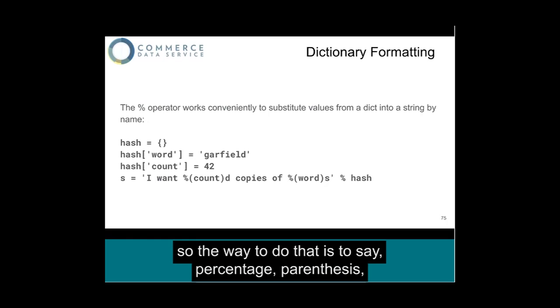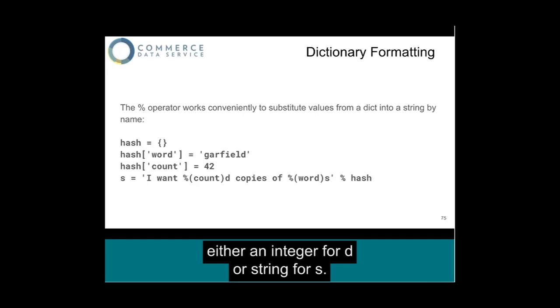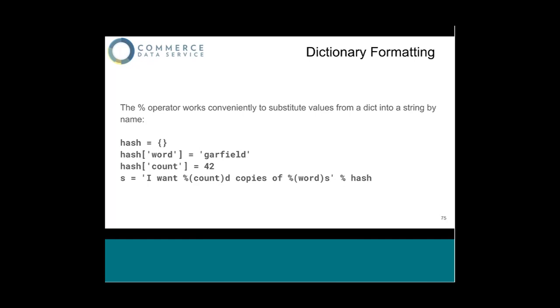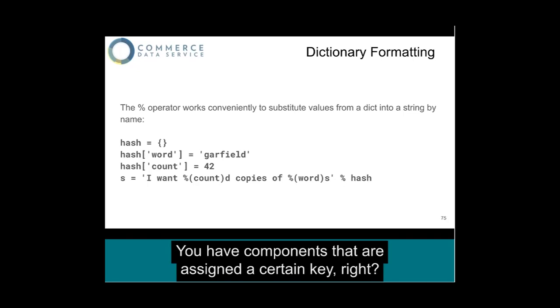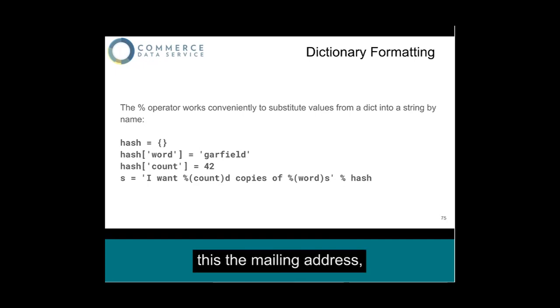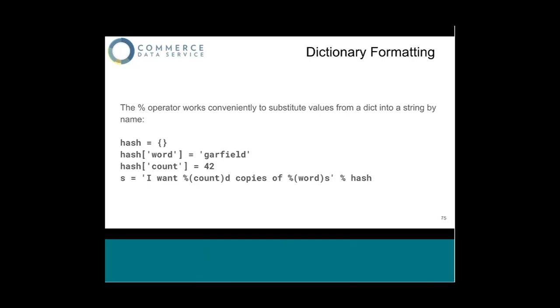So the way to do that is to say percentage, parentheses, the key, close parentheses, and then what type it is, either an integer for D or a string for S. So this is useful if you have components of something that you want to build up together, like a mailing address or something. You have components that are assigned a certain key, right? This is the street address number, this is the mailing address, this is the street name, this is the street prefix, suffix. You can build that out piece by piece.